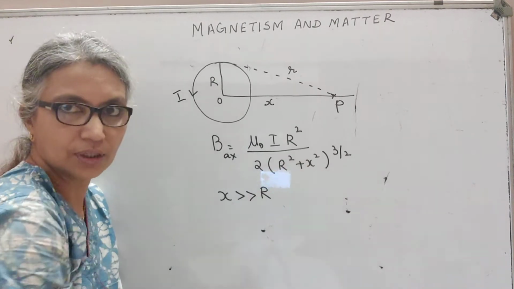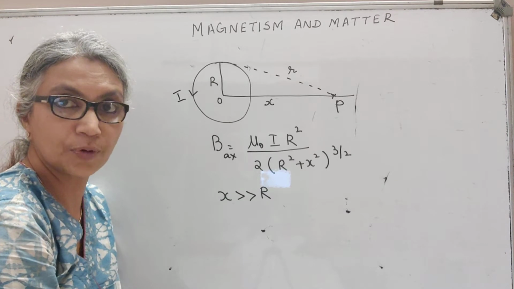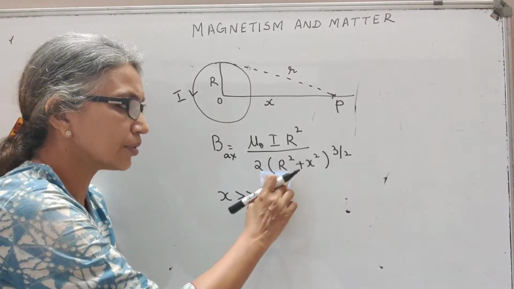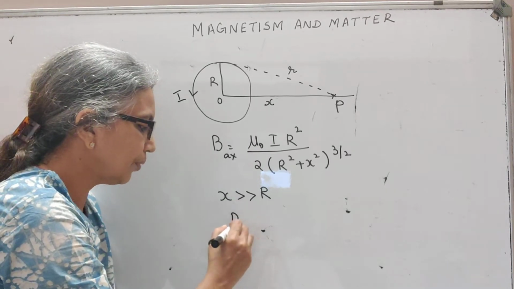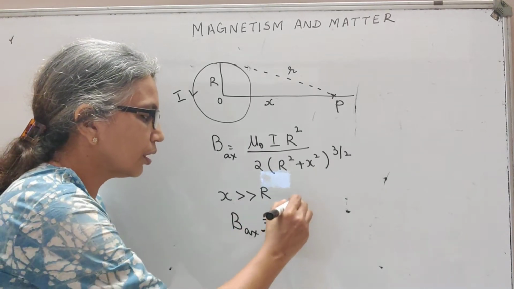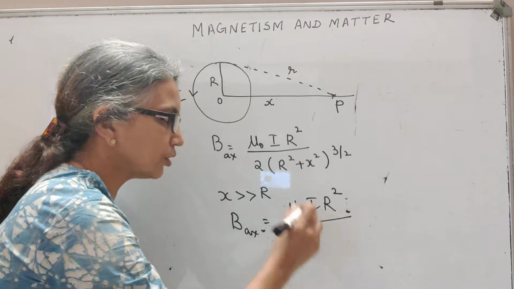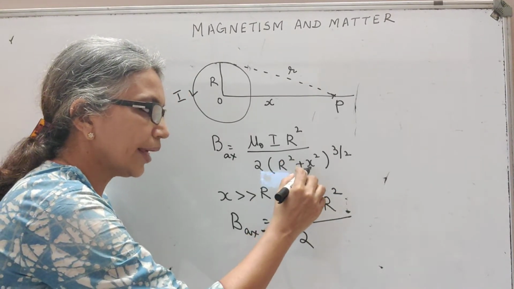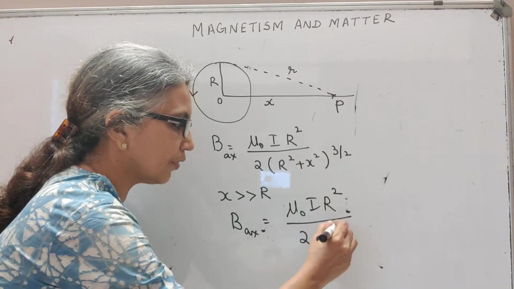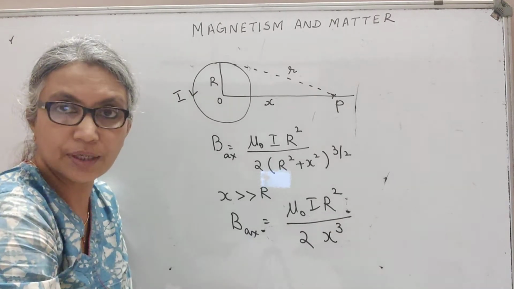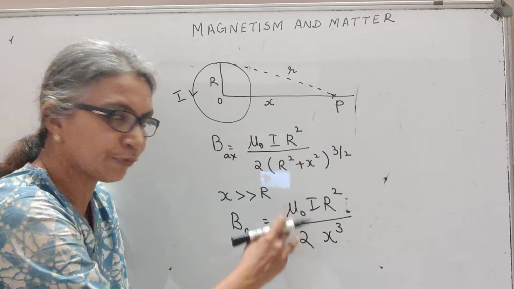If r is very small compared to x, let's say if r is just 0.1, square it becomes 0.01, and then it becomes negligible compared to x because x is very large, and therefore we may write B axial in that case will be mu 0 I r square by 2 into, I have neglected the r square, x square raised to 3 by 2, the 2 and 2 will get cancelled, and we have x cube. Now if you remember, the constant in magnetism is mu 0 by 4 pi.